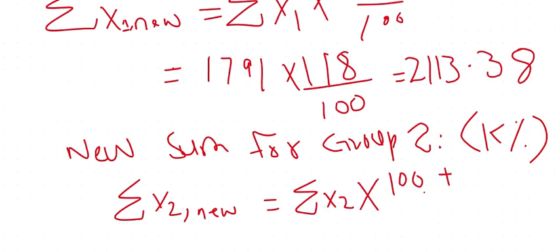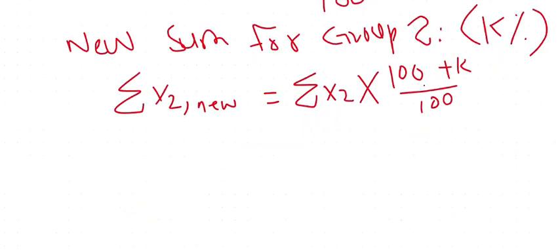So I'm just going to put the values in this and see what we have. We have 6763 multiplied by 100 plus k divided by 100. Okay, this is the new sum for group 2.